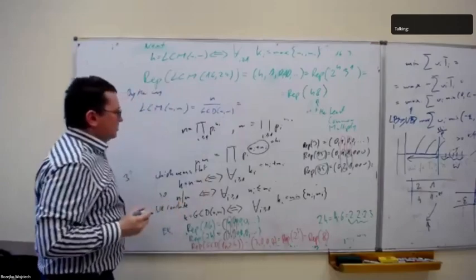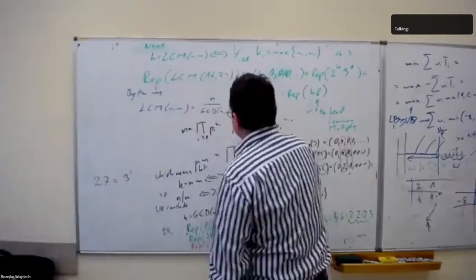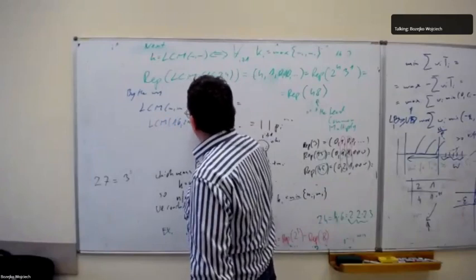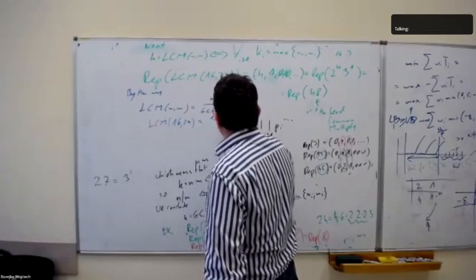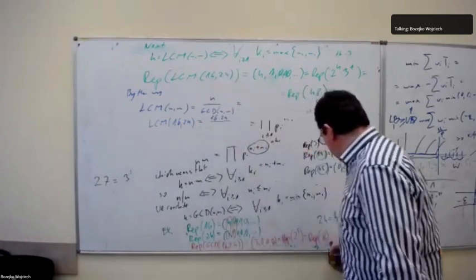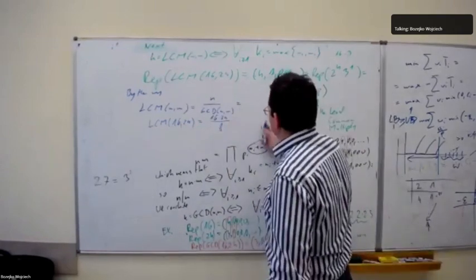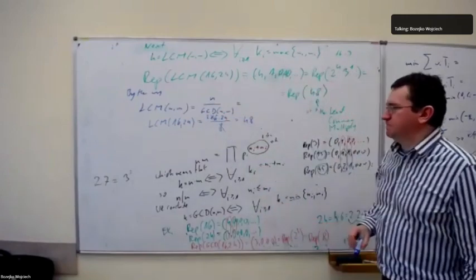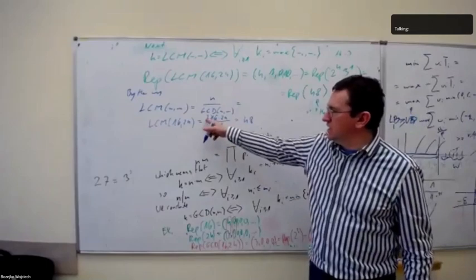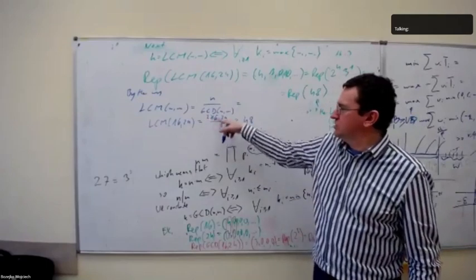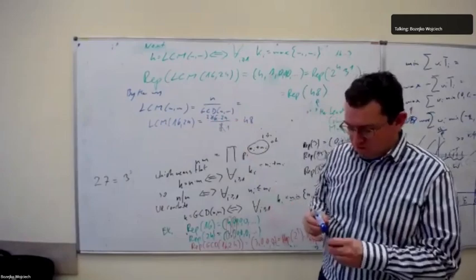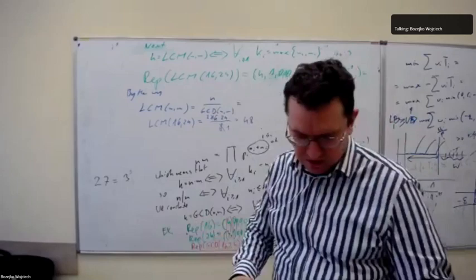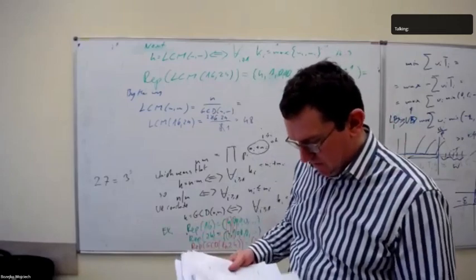So we can check: the least common multiple of 16 and 24 is the multiplication 16 times 24 divided by 8. So here we can use 2, so 48, because here is 8 in the denominator. So it looks like it works.